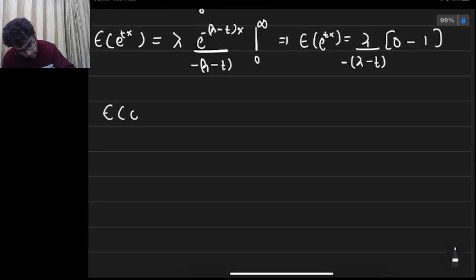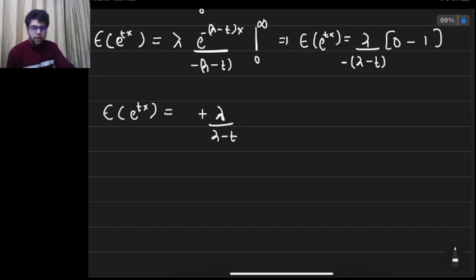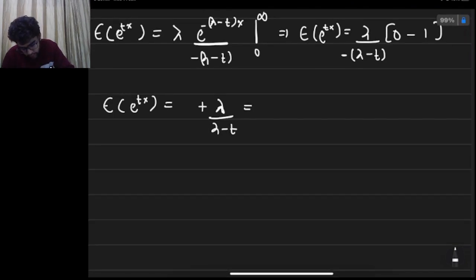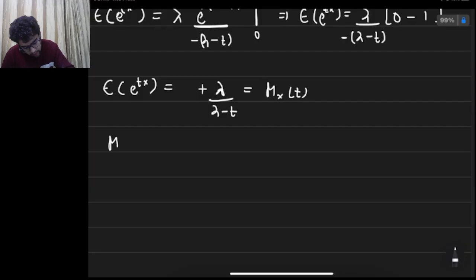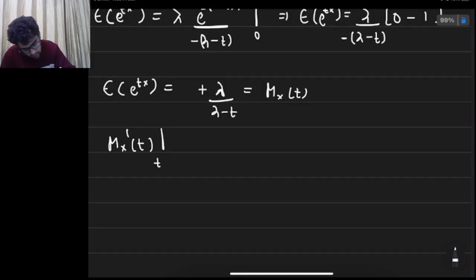So my moment generating function becomes positive lambda upon lambda minus t. Now this is my moment generating function, or I can write this as M x of t. If I find the first derivative of M x of t and put t as 0, this will give me my expected value, right?